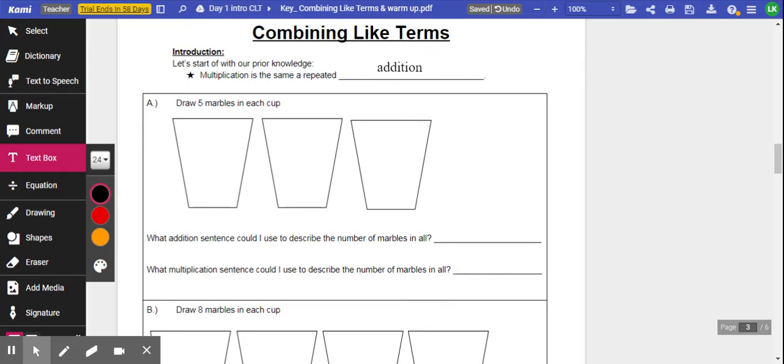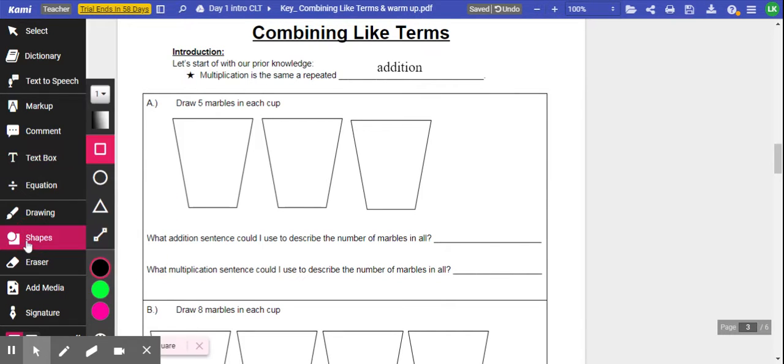So I want you to draw 5 marbles in each cup. It's a little bit too big.